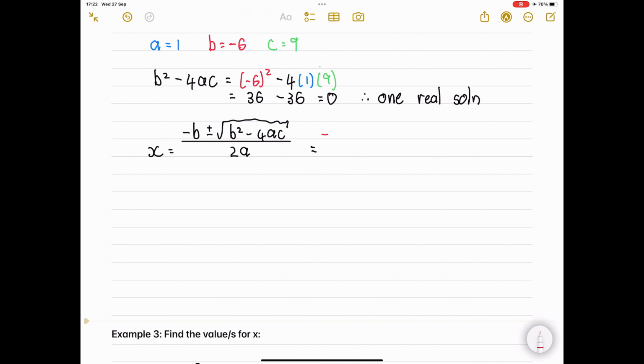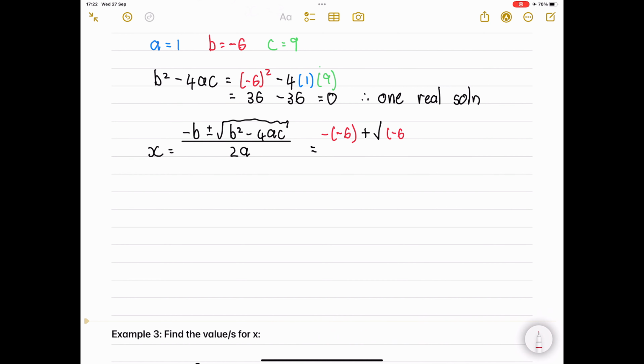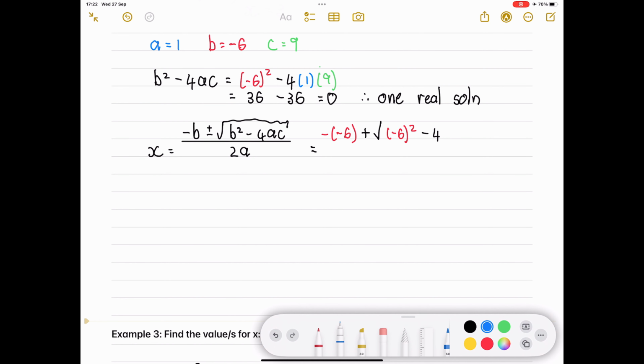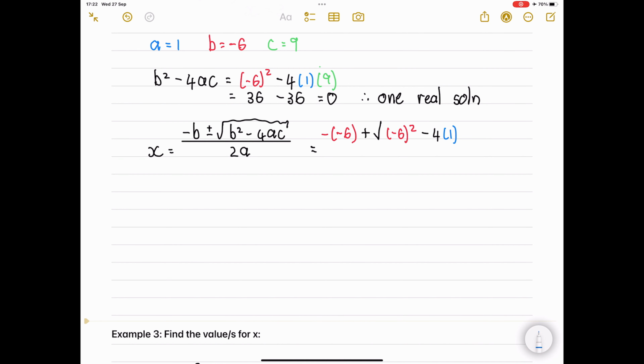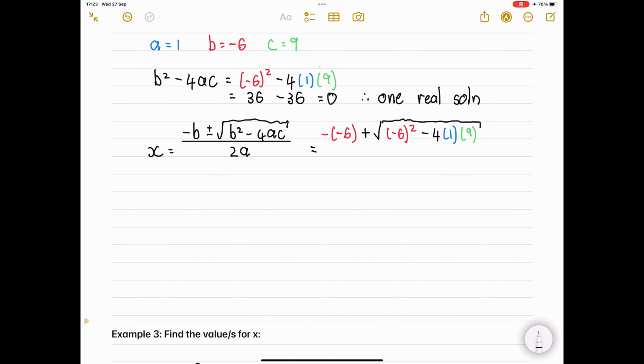You get your minus b, your b squared, your a is 1, and your c is 9, over 2, and yet again your a is 1.